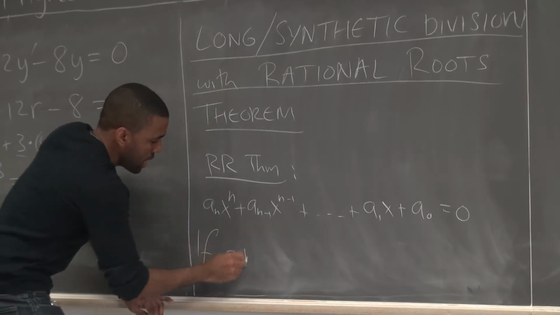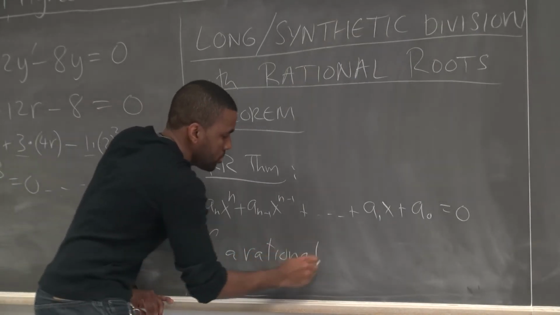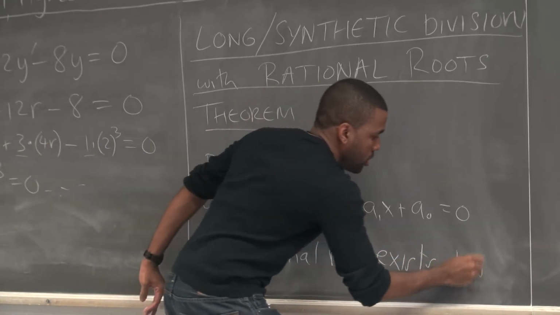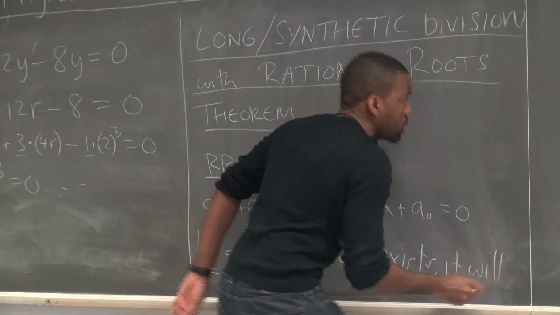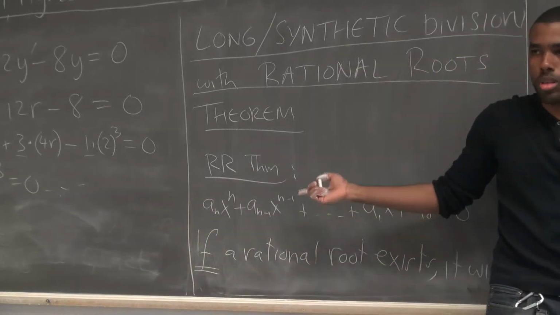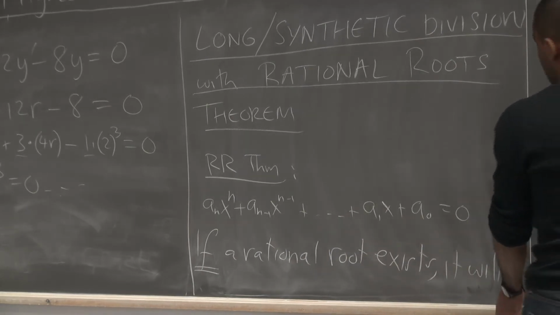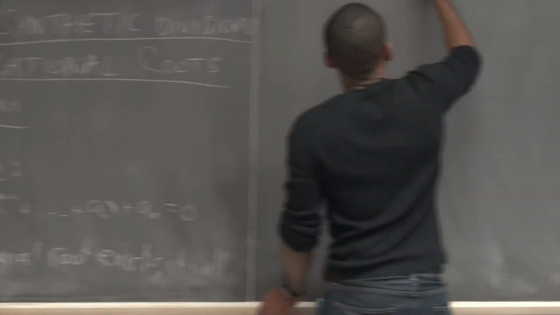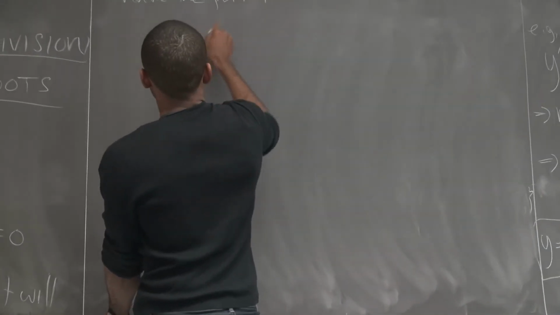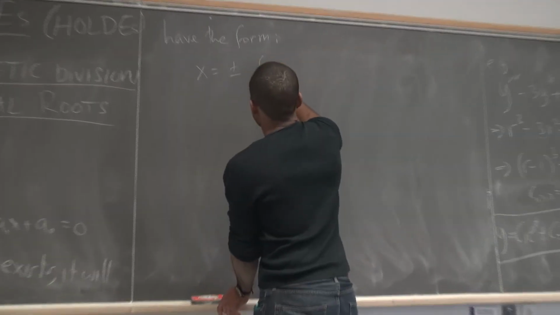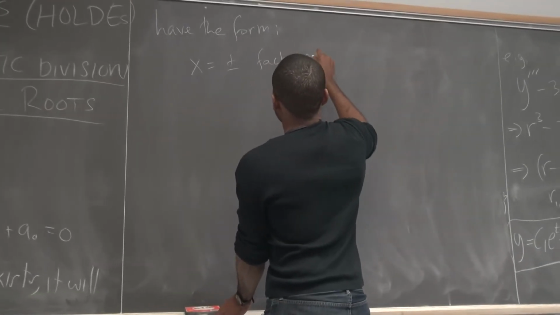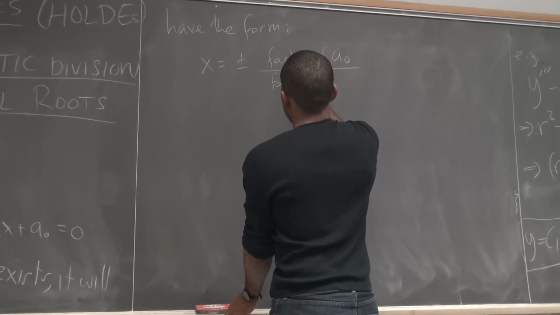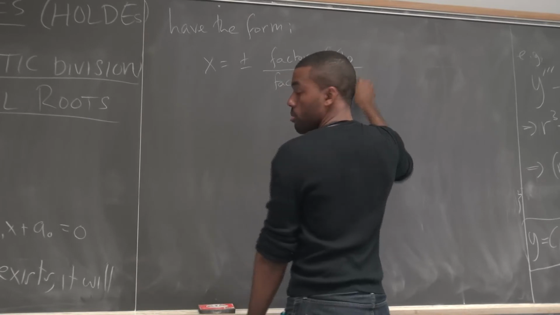If a rational root exists, it will, rational just means fraction, right? A ratio of integers. It will have the form plus or minus a factor of a0 divided by a factor of an.